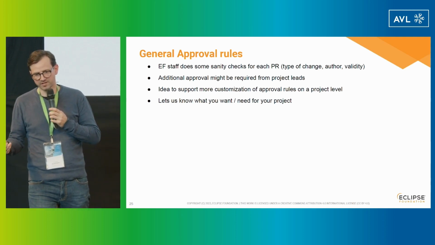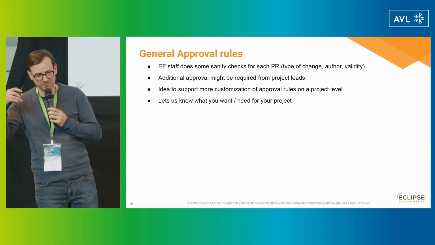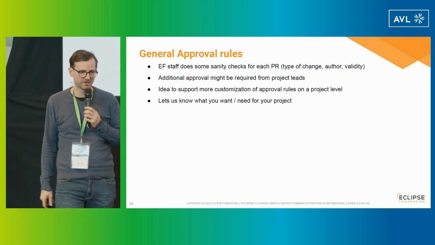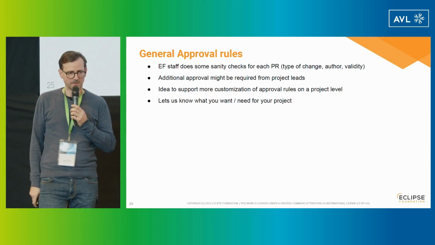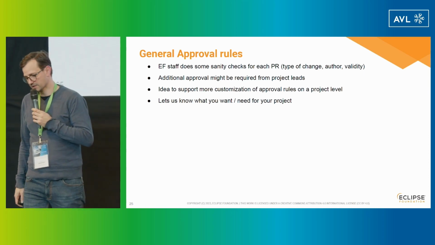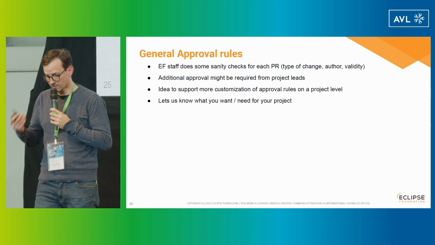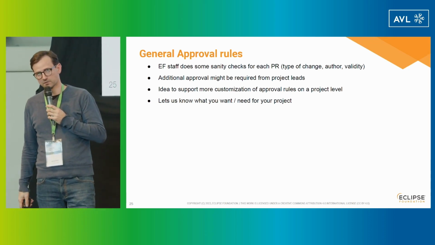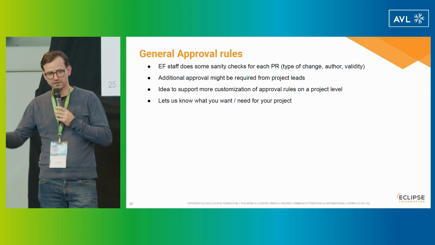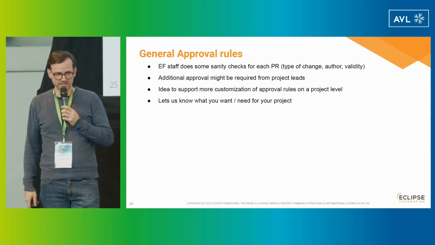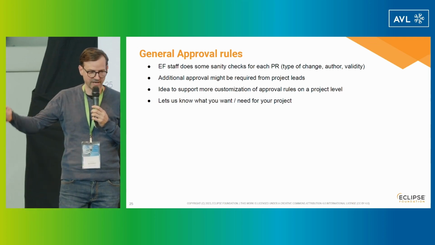Some projects, mainly the project lead himself or herself makes these PRs, so that simplifies things also sometimes, but it's really project dependent. The idea is that we formalize these rules in a way that they are specified in a configuration file in the same repository, so that we know, if this is the case, then do this or do that.